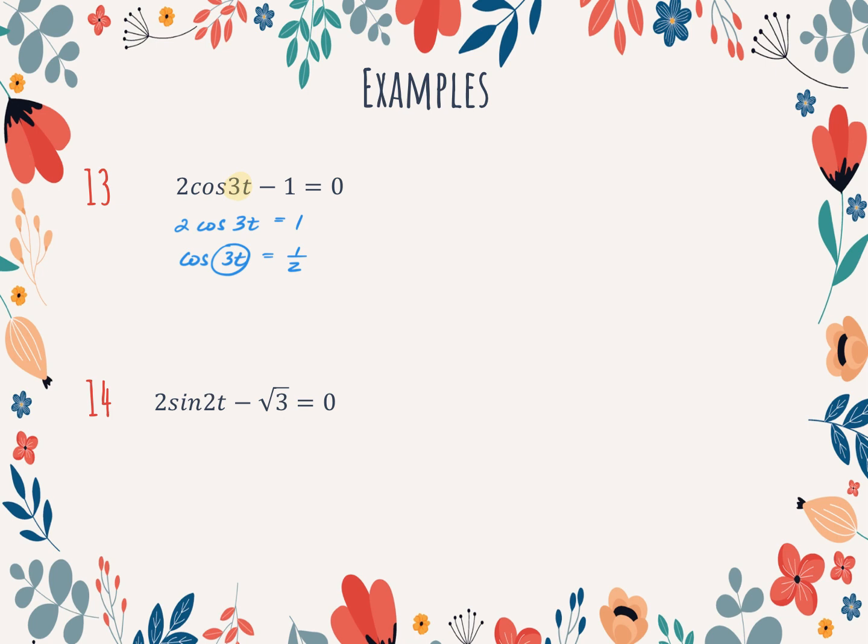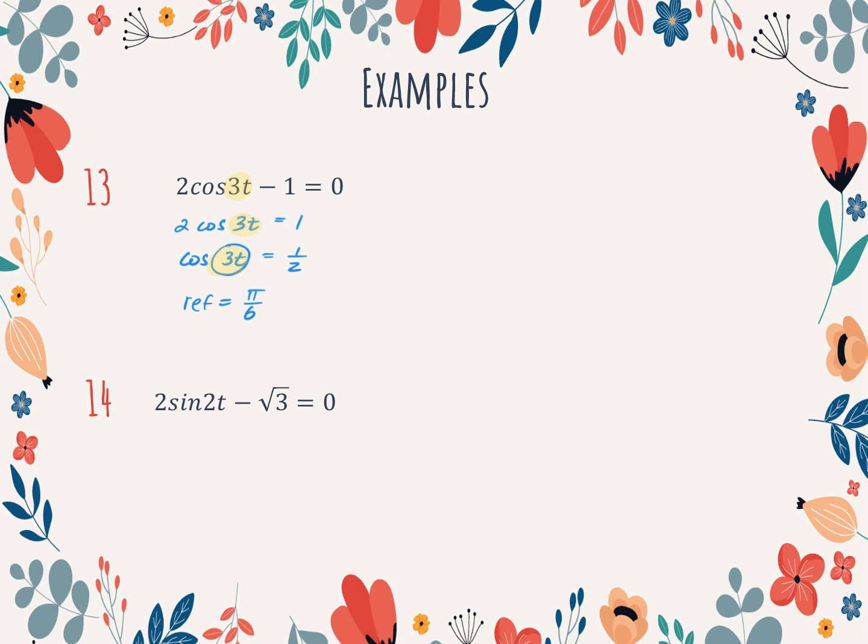And so now let's think about that. What is the reference angle? Let's not worry about the 3t component yet. Let's just focus on the actual reference angle that this refers to. I know that the cosine of 3t, whatever that angle is, has to equal a half. Well, I know that the cosine equals a half with my pi over 6's, my 30 degrees, right?